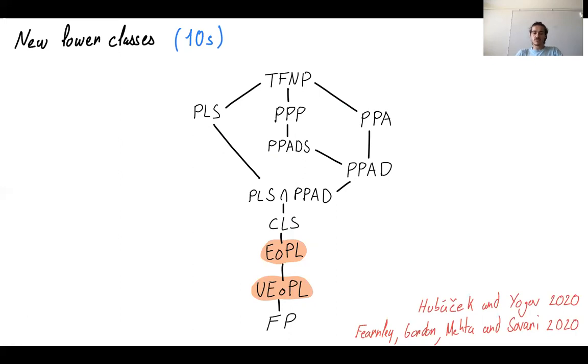So to understand the true power of CLS, new subclasses like End of Potential Line and Unique End of Potential Line were introduced by Hubáček, Yogev, Fearnley, Gordon, Mehta, and Savani. That was 2020. And those were fully combinatorial.